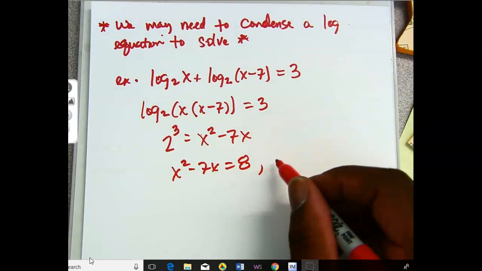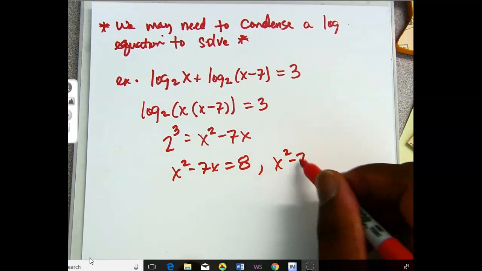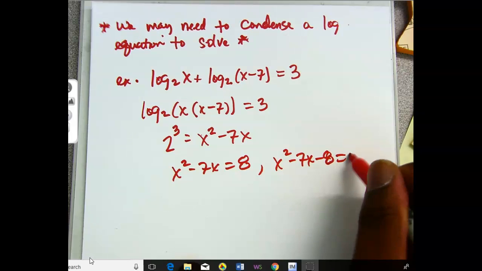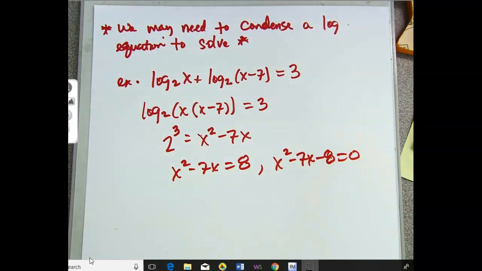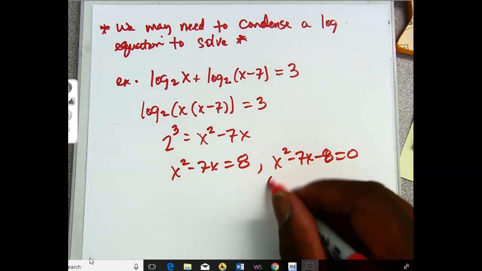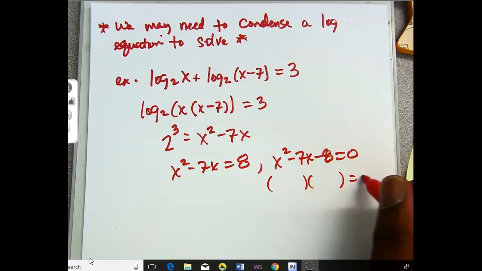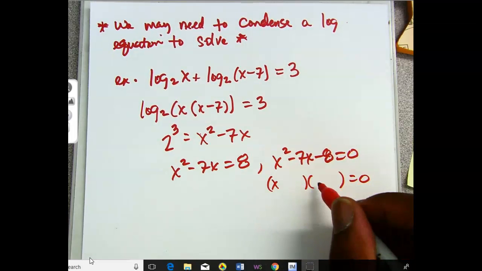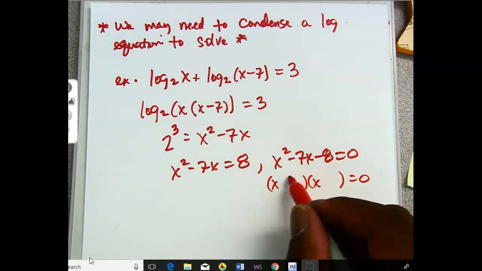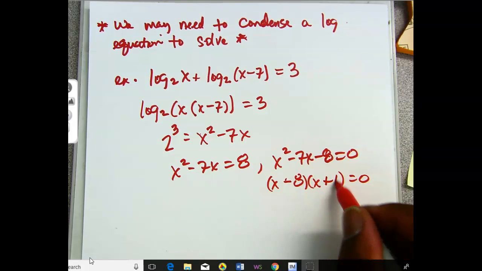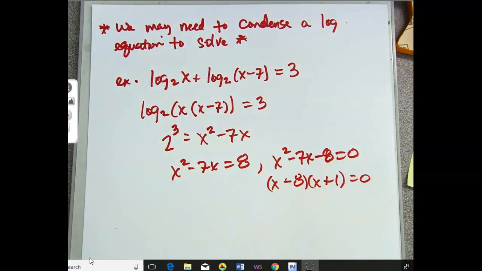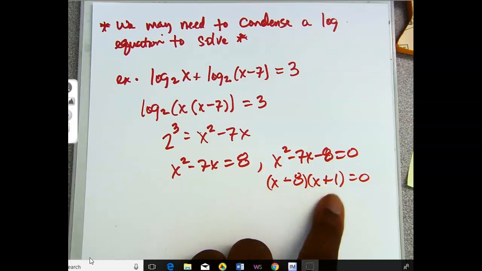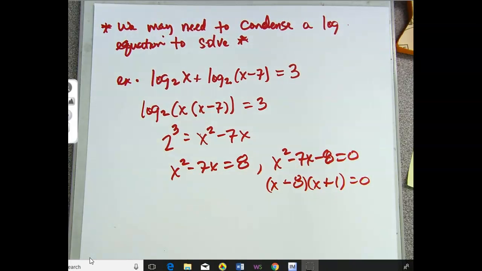Subtract 8, x squared minus 7x minus 8 is equal to 0. So what are our 2 solutions? So x and x, so minus 8, right? And plus 1. So x minus 8 times x plus 1. That's the x squared minus 7x minus 8.